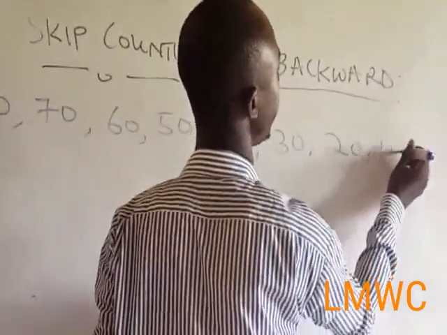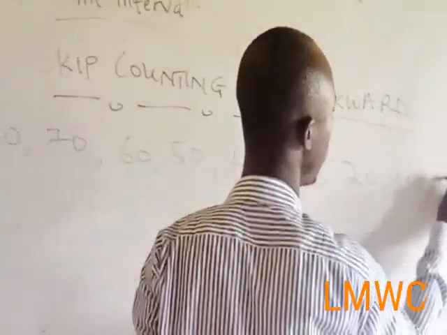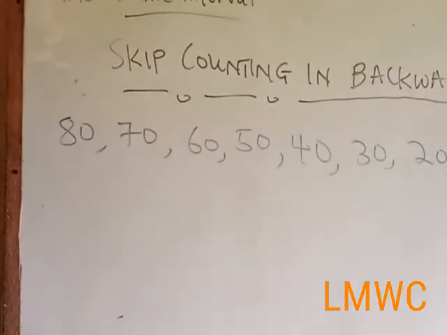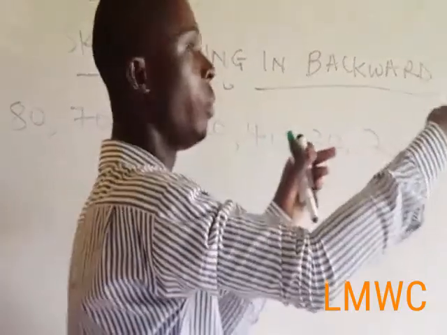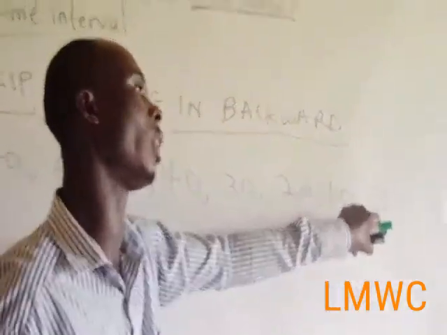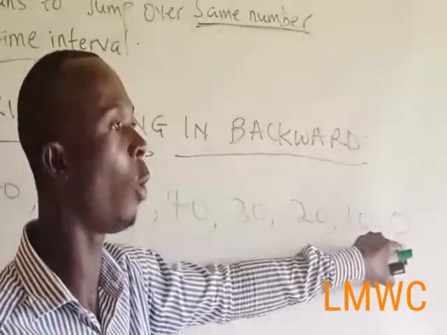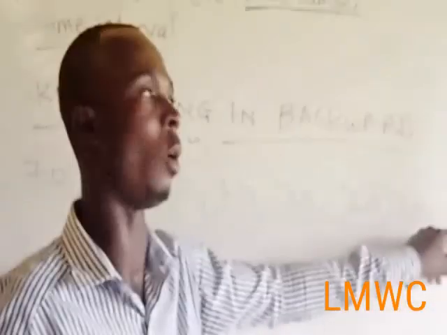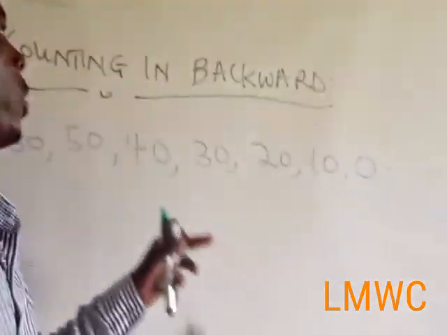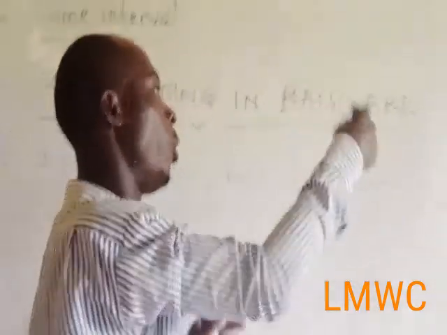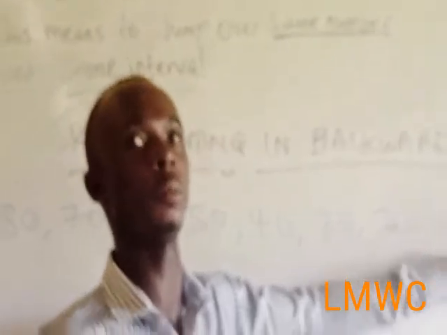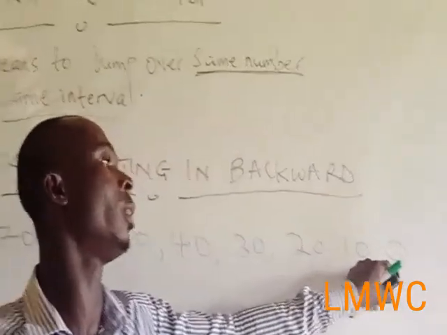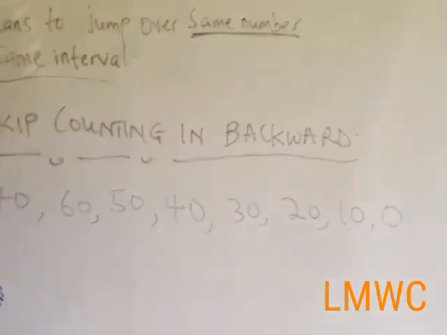Minus 10, 10. And minus 10 is what? 0. Always take note that skip counting backwards, once you are subtracting using the same interval, you will reach a point in which you get 0. But it's not necessary that you will end at 0, unless they ask you to skip count up to a number of count in which it will reach 0. Once it doesn't reach 0, there is no need.